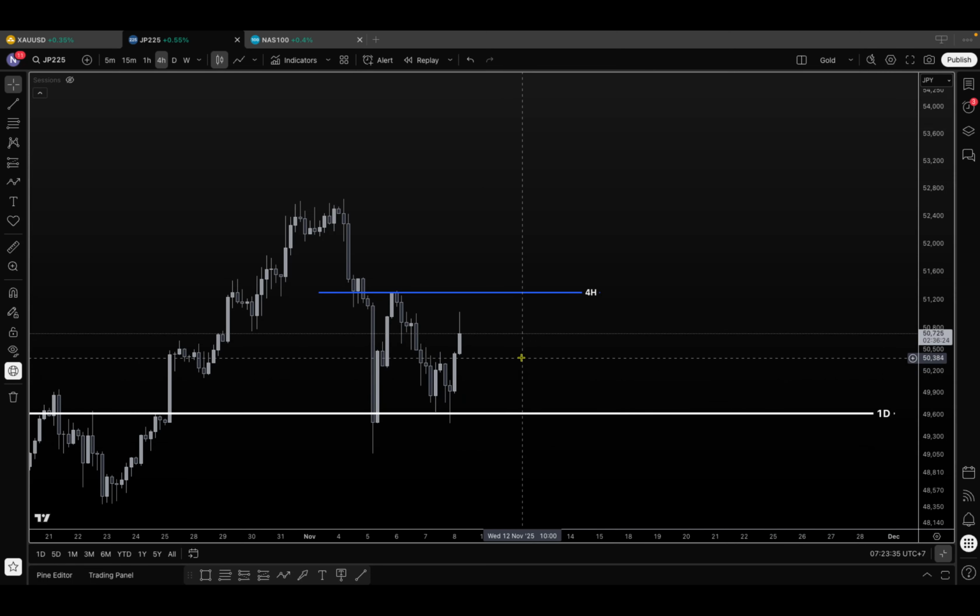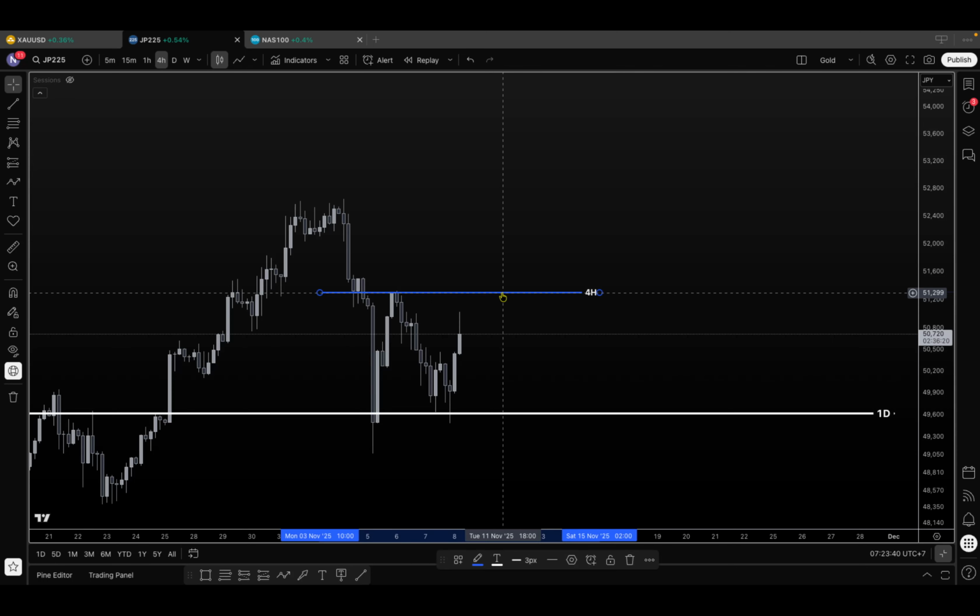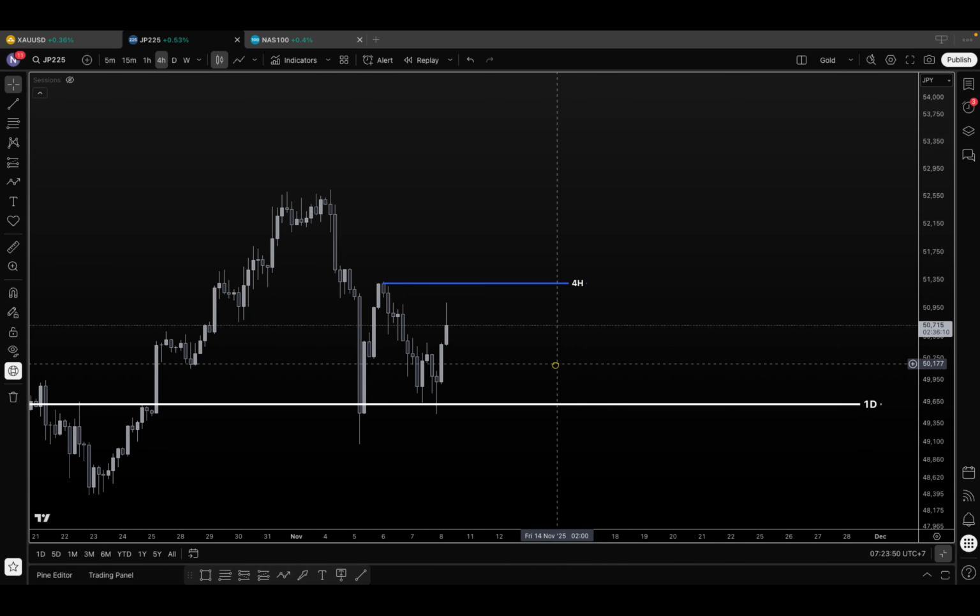So I do what I normally do, that is, I anticipate that the price might go up from here. And you can see that on 4 hour the price bounced strongly from this area of interest.